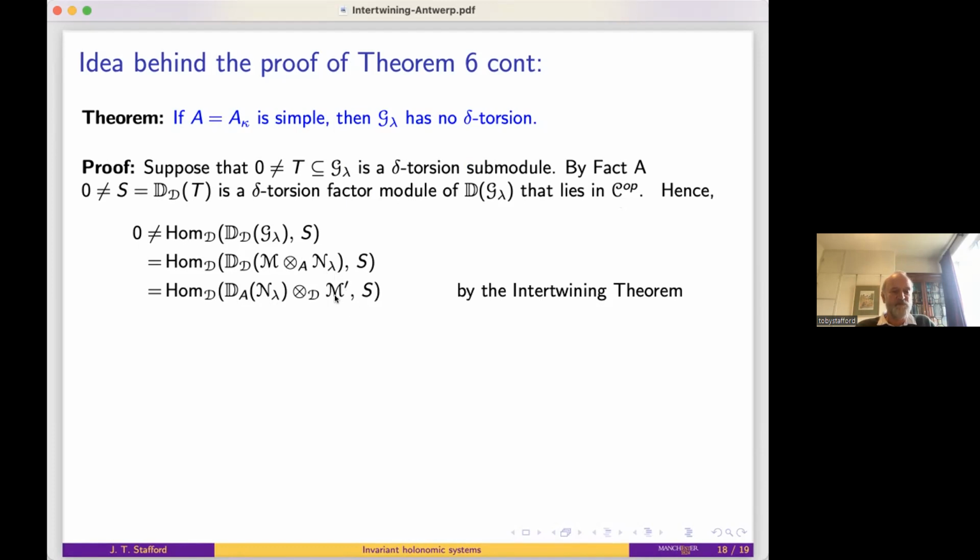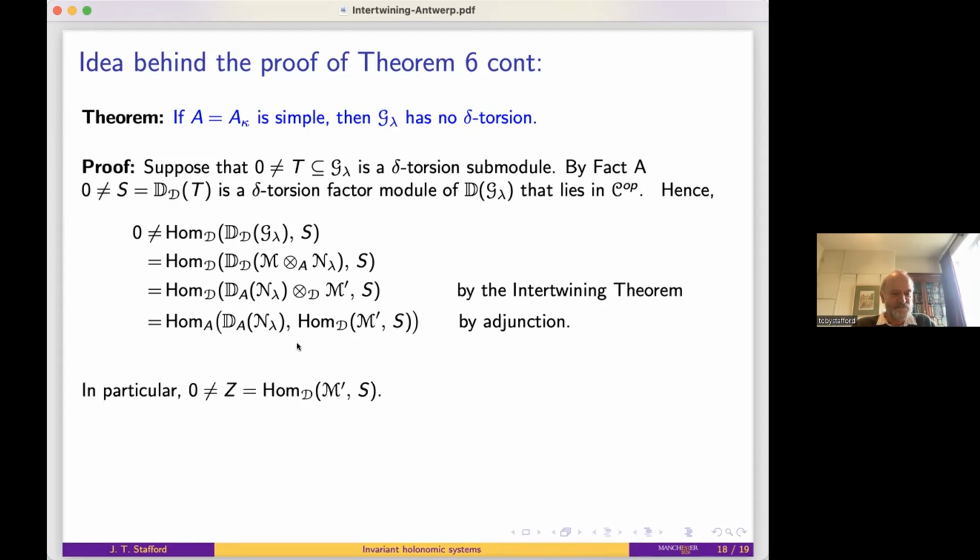Remember, M prime was an appropriate dual of M. Then I apply adjunction, and break up this tensor product to D of V, A homomorphisms from M prime to S, and then I take A homomorphisms. About the only thing I can take from this expression is that that last term is non-zero.